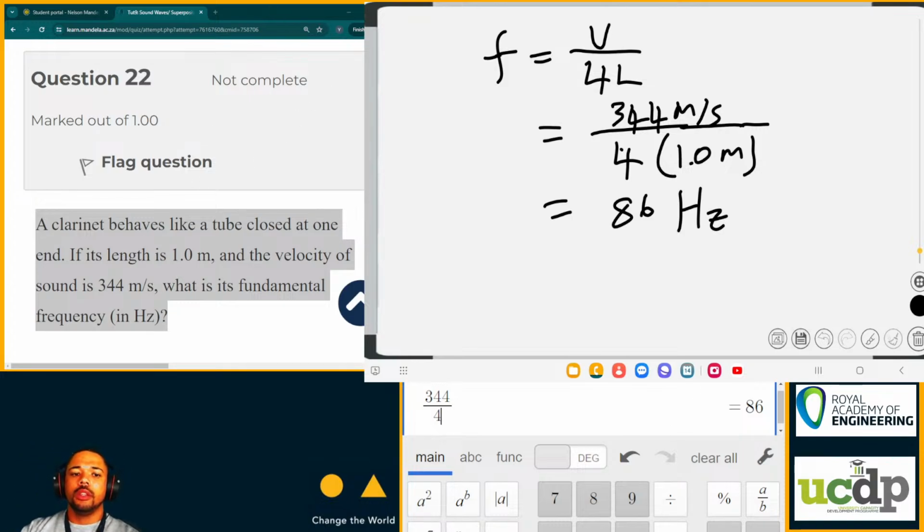Okay, that is our very first answer, for question number 22.